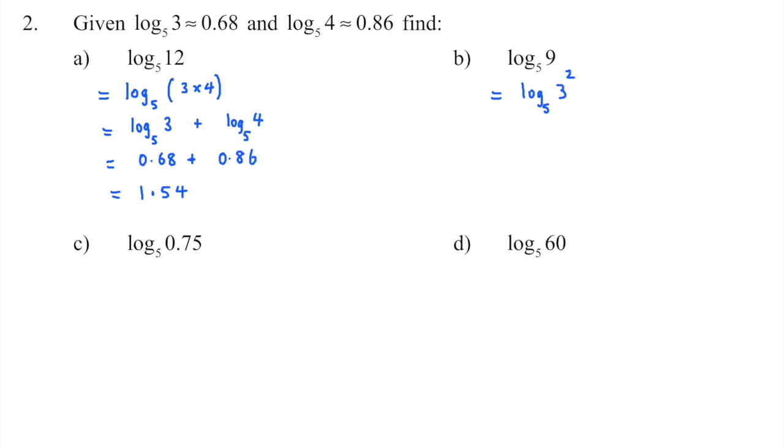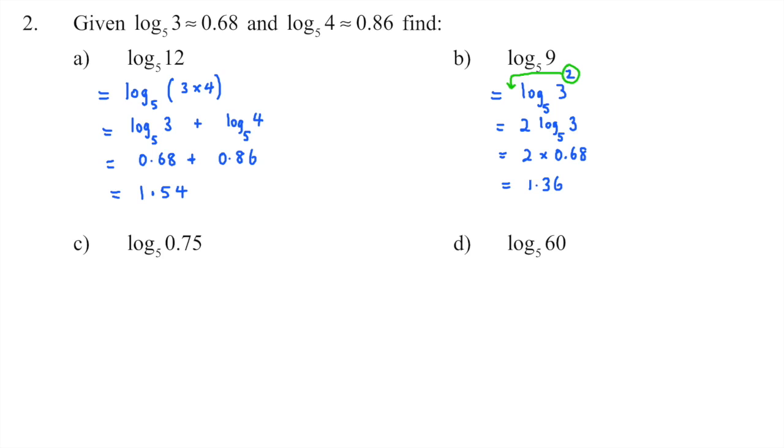Now if you think of it like that, there's a power, and the power can go out the front, which means it's the same as 2 times the log to base 5 of 3. But I know the log to base 5 of 3 is 0.68. So it becomes 2 times 0.68, which is 1.36.